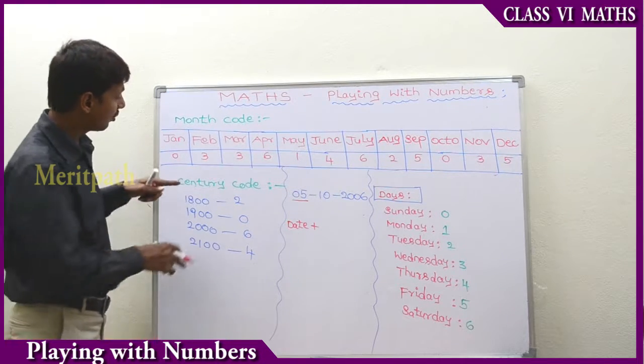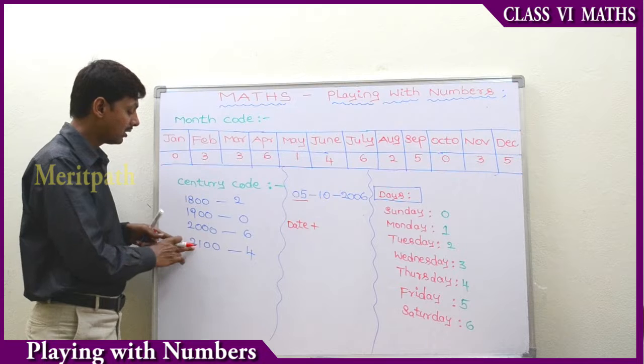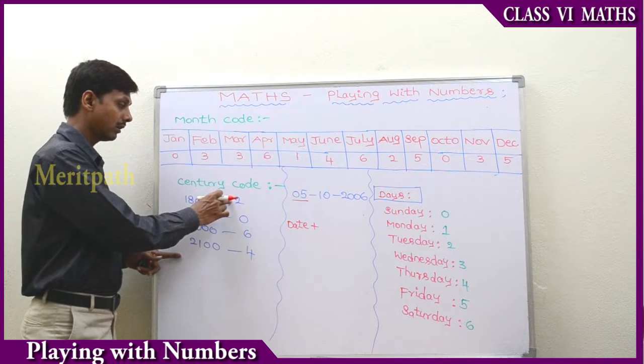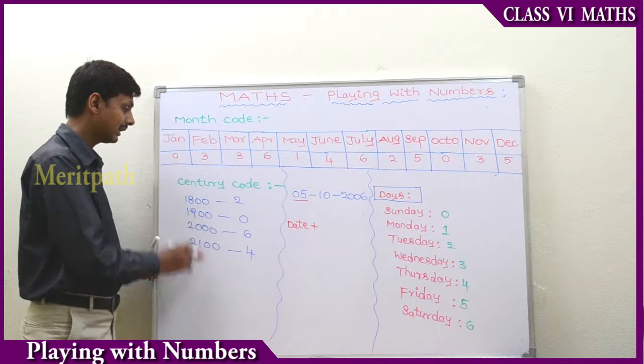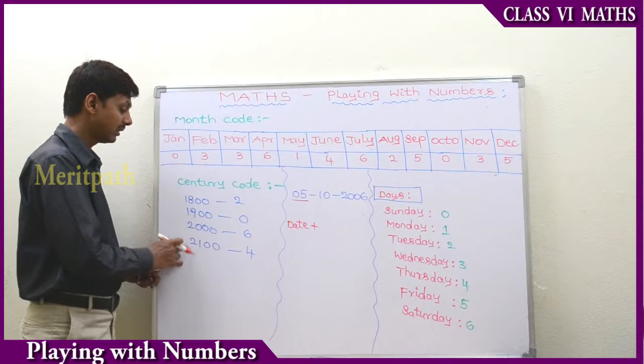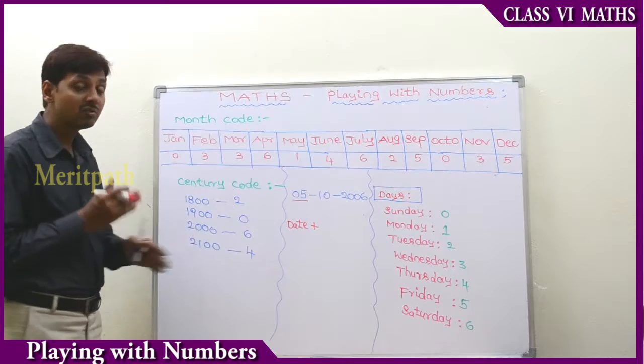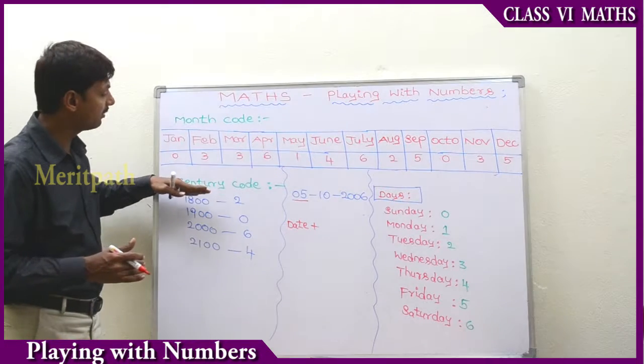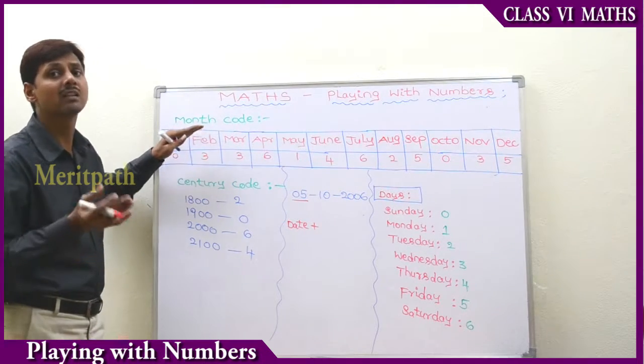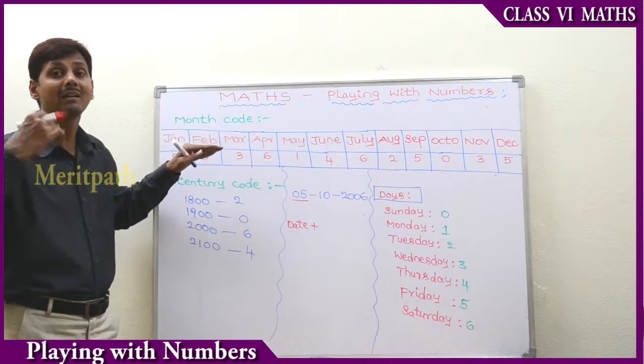Similarly, these numbers will repeat: 2200 is 2, 2300 is 0, 2400 is 6, and 2500 is 4, and continuously these numbers will repeat.